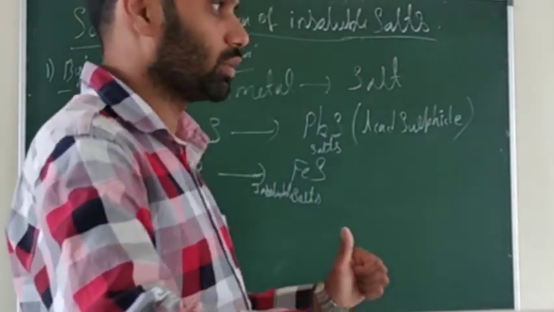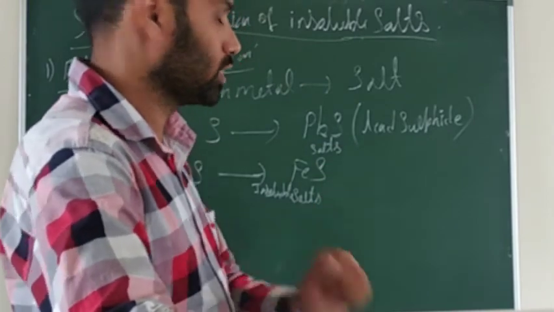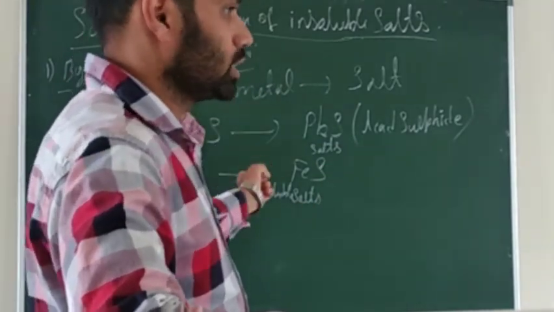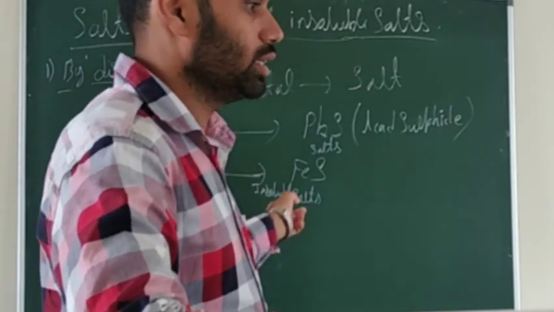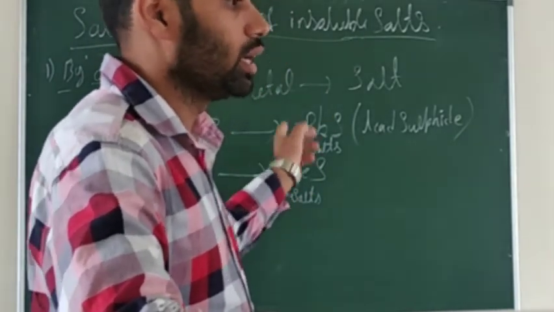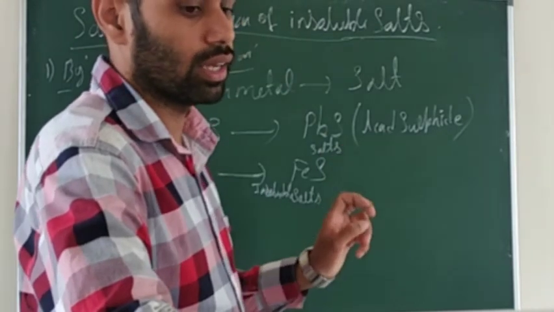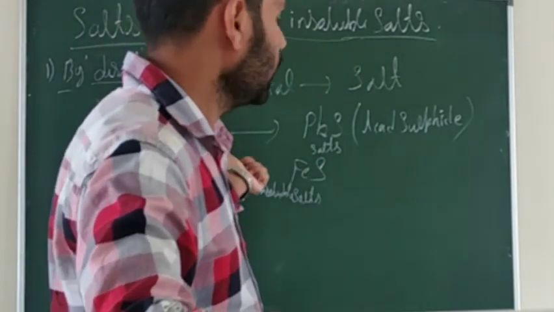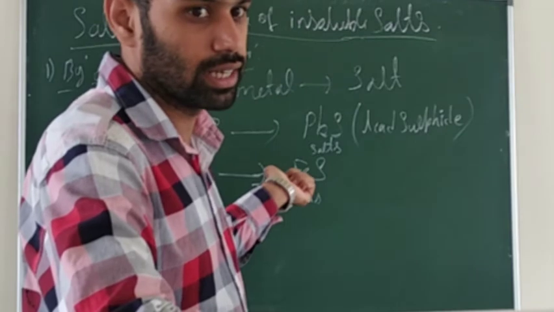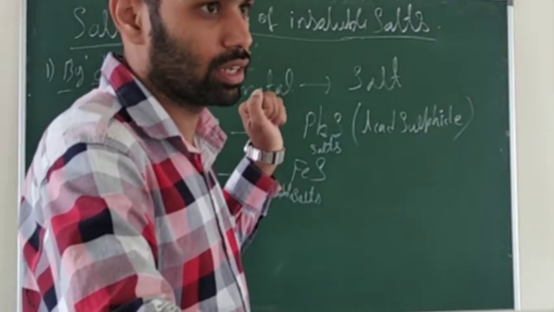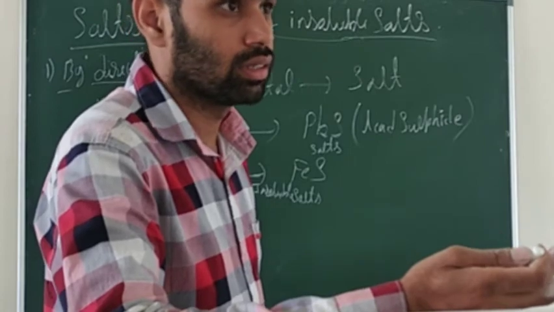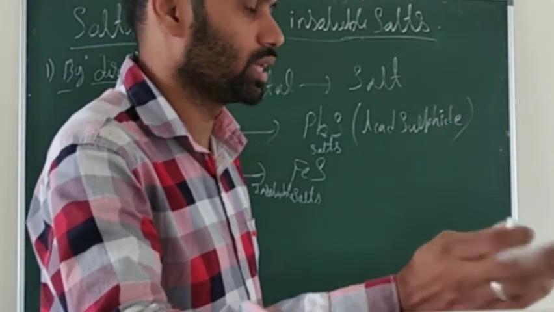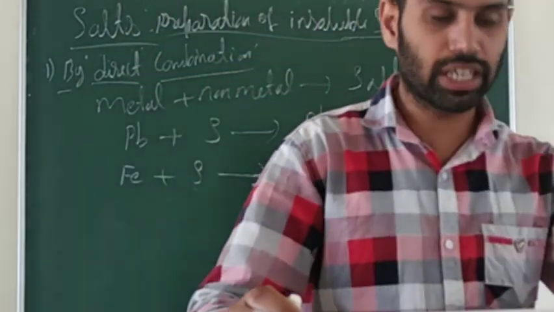So how to prepare them? When a metal reacts with a non-metal. For example, lead reacts with sulfur, it becomes lead sulfide. Iron reacts with sulfur, it becomes iron sulfide. So it is a combination reaction. What is a combination reaction? It is when substances combine to give a single product.